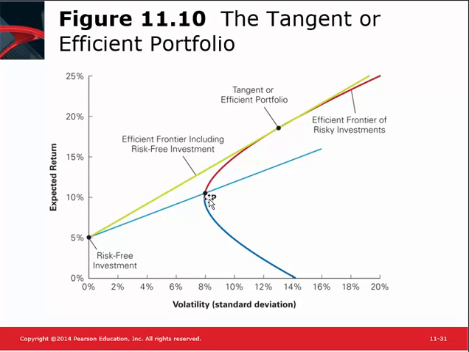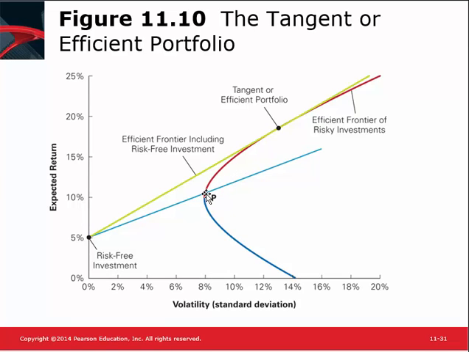Well, here's P, and what you can find from P is that these assets are not efficient, right? If you draw a line from 5% here, and I use the example, maybe you have a ruler, and you take this ruler and you move it down, down, down, till you get to where it just touches one point. This is the portfolio that you want to think about investing in.